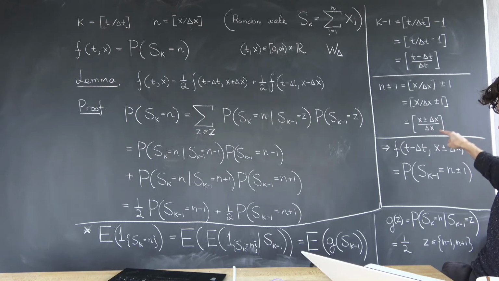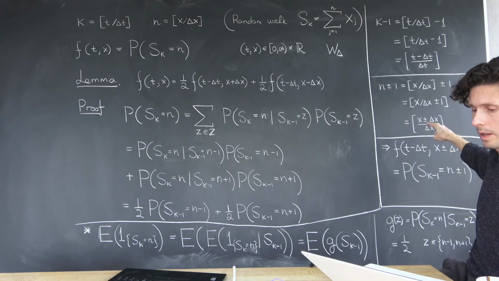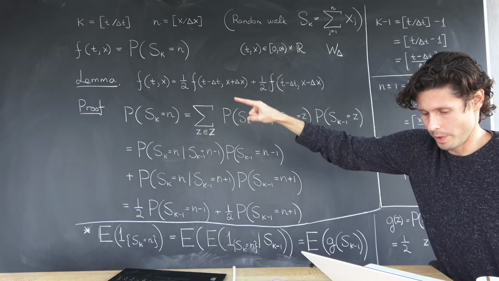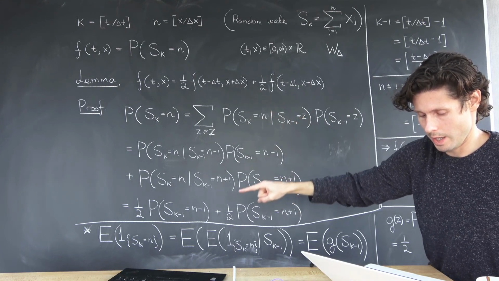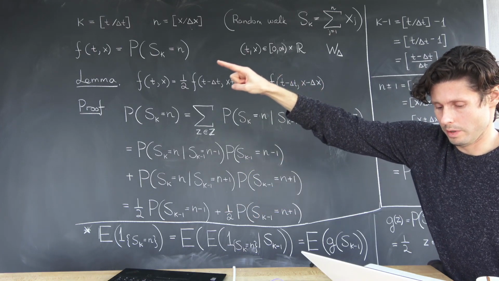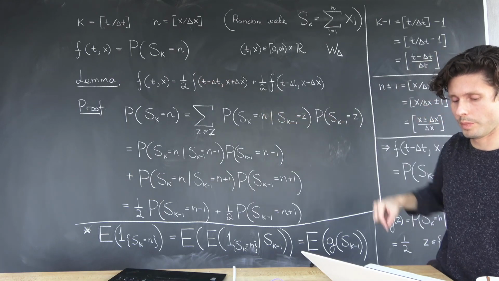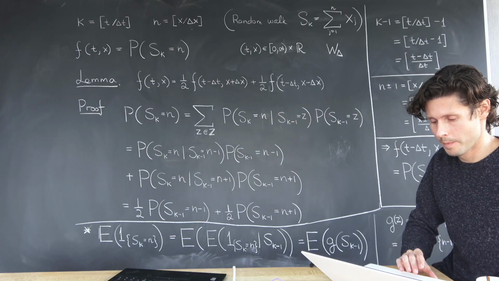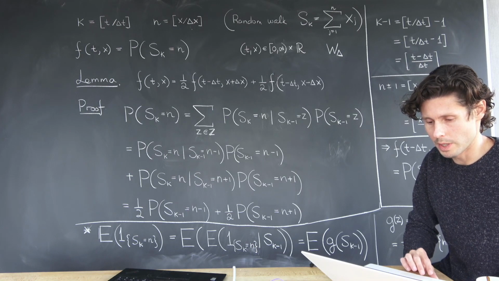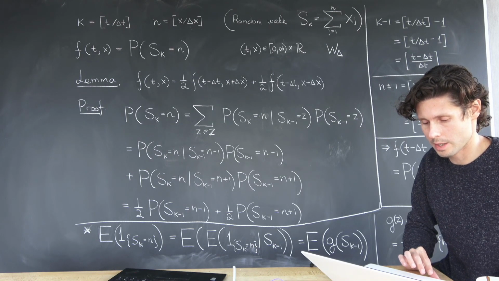And now just write it in this form, and we see that n plus 1 corresponds to x plus delta x, and n minus 1 corresponds to x minus delta x. And so here you have n plus 1, it corresponds to this term, and here you have n minus 1, which corresponds to that term. And so, using the definition, you plug it back in and you get this lemma. And while it may seem unclear as to why I'm doing this, we'll see the reason for it in the next clip.